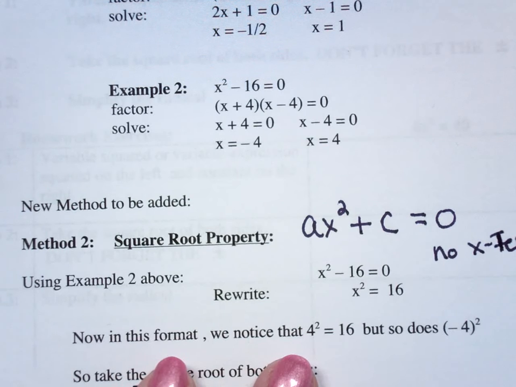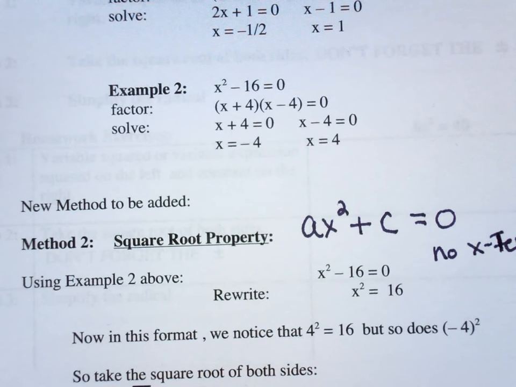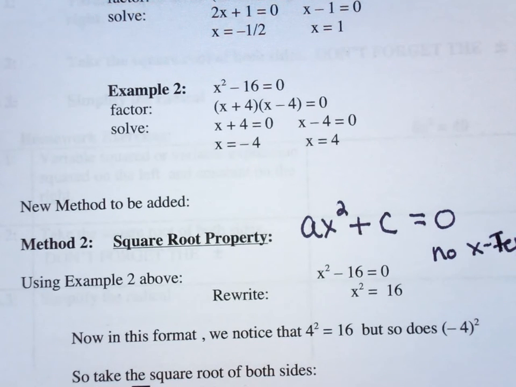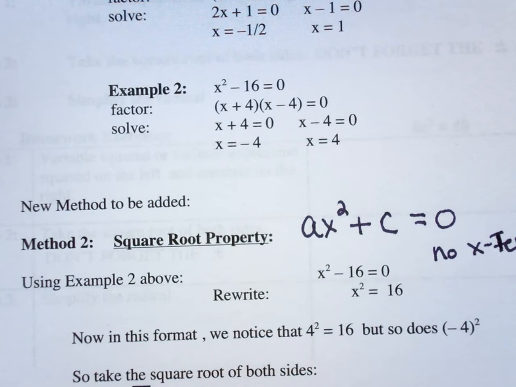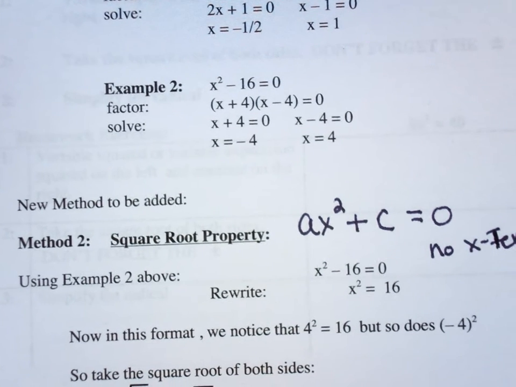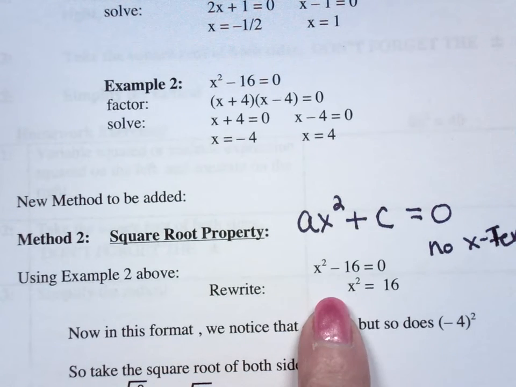So if I'm going to use the square root property, it would be something where I couldn't use a difference of squares. So then what do I do?